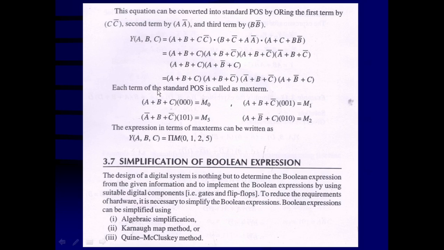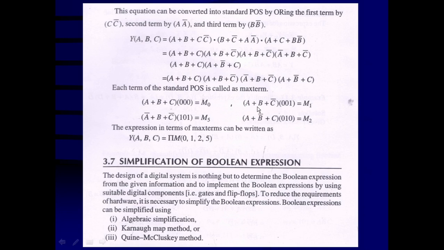Now we can write it in terms of the max terms. The first term is A plus B plus C. Here complemented variables are 1 and uncomplemented variables are 0. So A, B and C are uncomplemented, and corresponding to that we write 0, 0, 0. The decimal value of 0, 0, 0 is 0, so this is the max term M0.